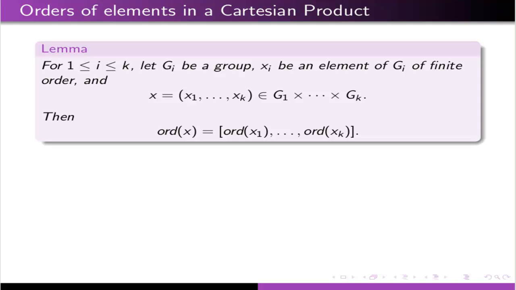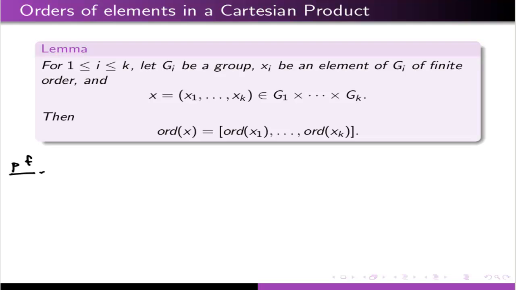Again, we'll need one further lemma on orders of elements. So suppose that G_i is a group, i going from 1 to k, and that x_i is an element in G_i of finite order. So x is a k-tuple of elements in this Cartesian product. Then I claim the order of this k-tuple is the least common multiple of the orders of the individual components. So let's see what's going on there.